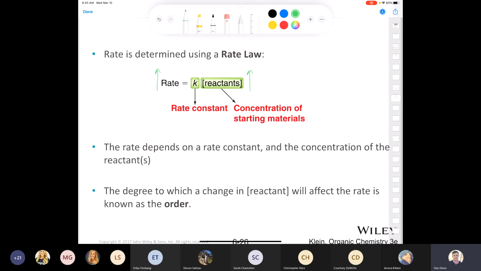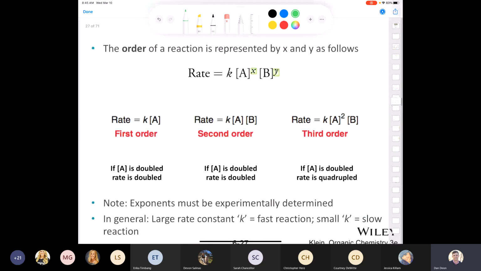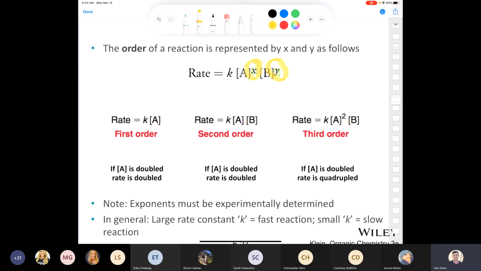Now, I know that you all learned how to determine reaction order because it has to be determined experimentally. You probably would have learned the method of initial rates in general chemistry 2, where you compare two different reactions that have different reaction rates, and then you vary the concentrations, and that's how you determine these exponents here.